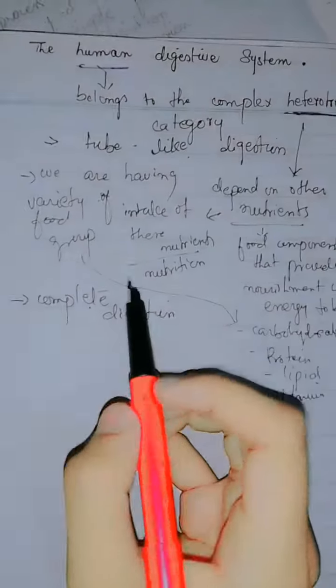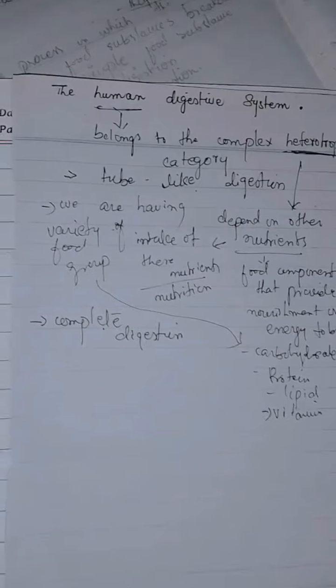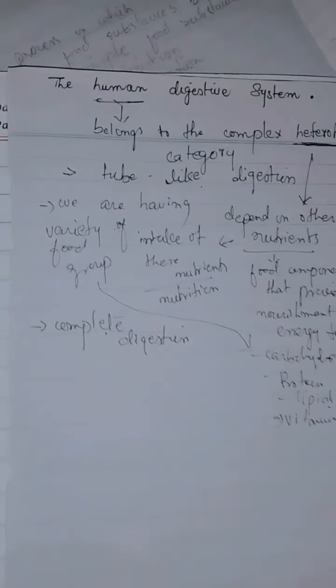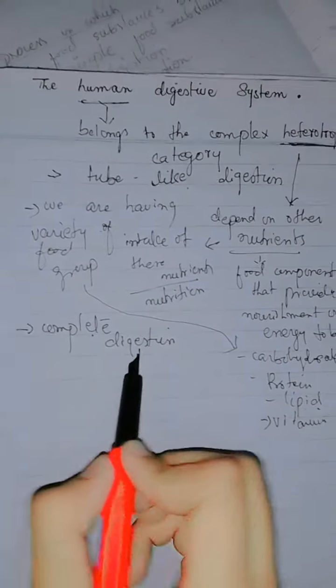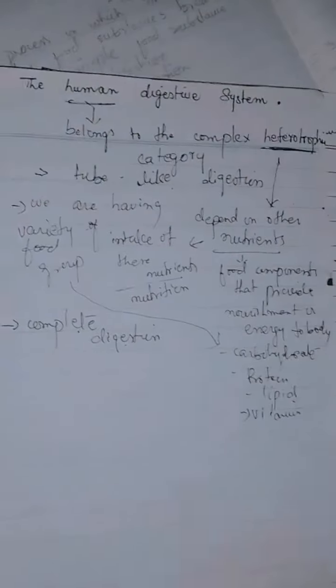After going into the cell there will be absorption and assimilation, but the digestion will be completed before that. That is known as complete digestion, and that is in the tube-like digestion.